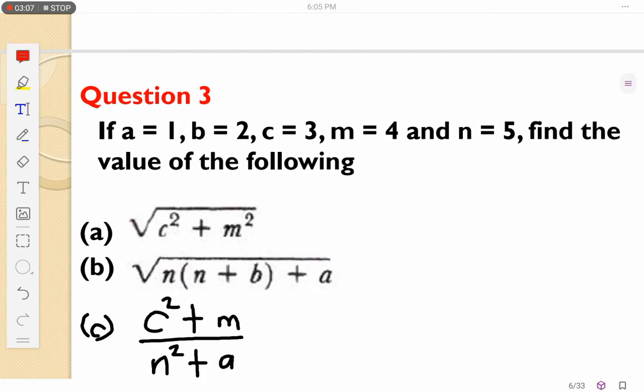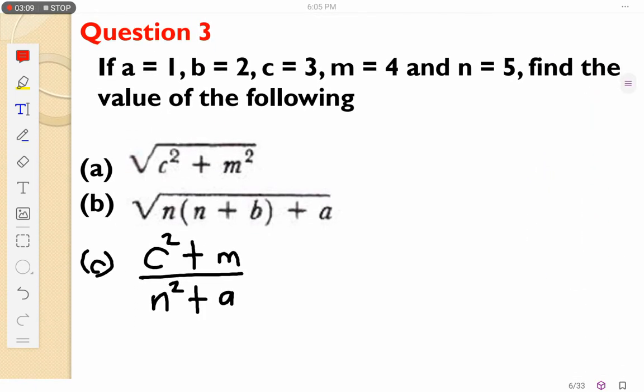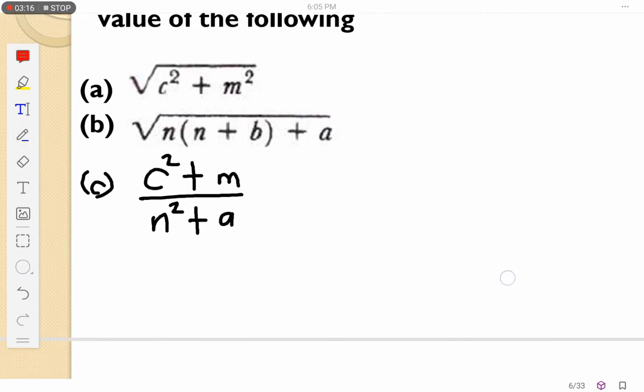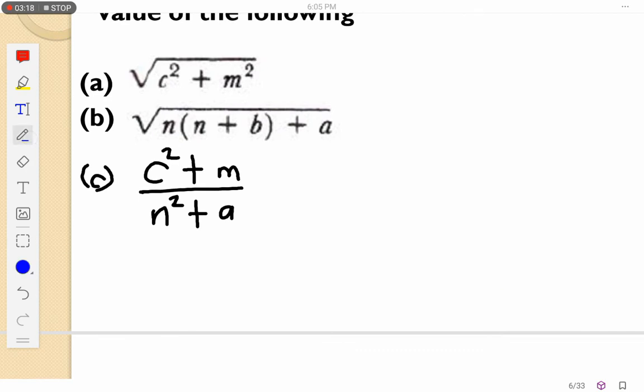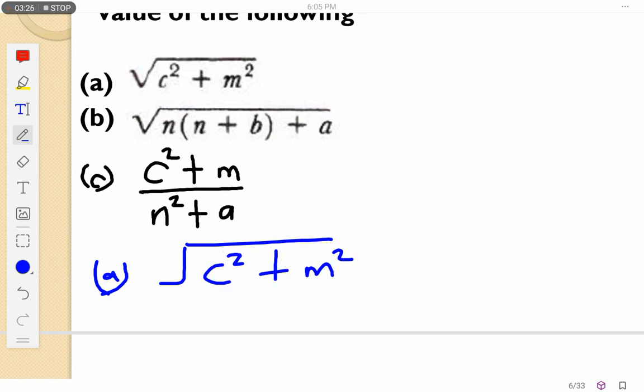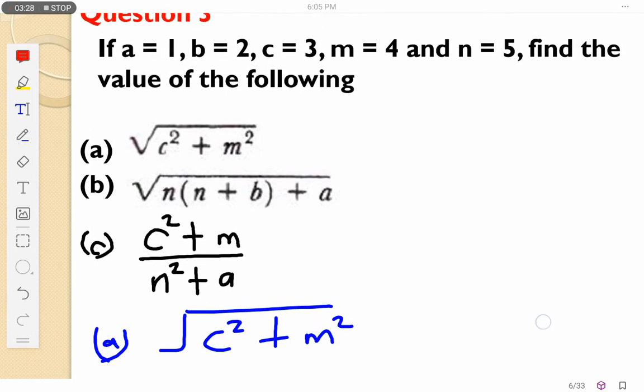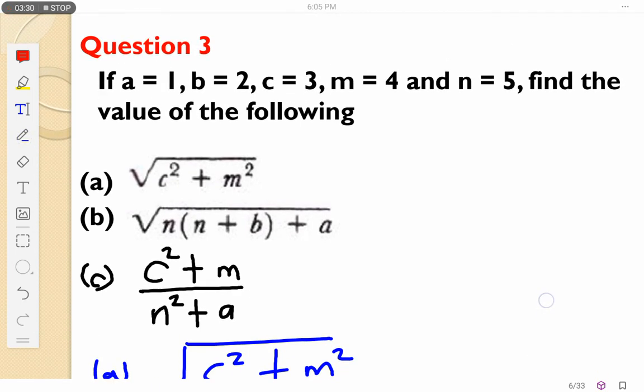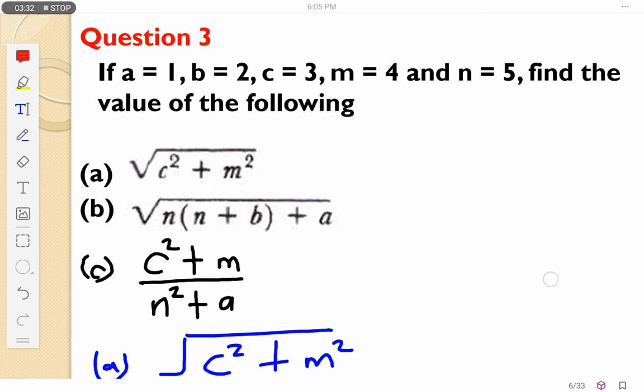Let's have another example. Here I've got 3 examples. The first one: square root of c squared plus m squared. We are given our c is 3, our m is 4.